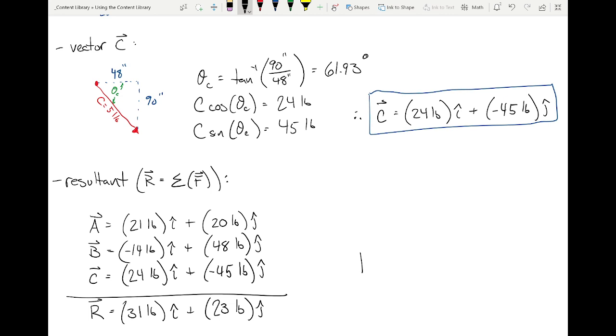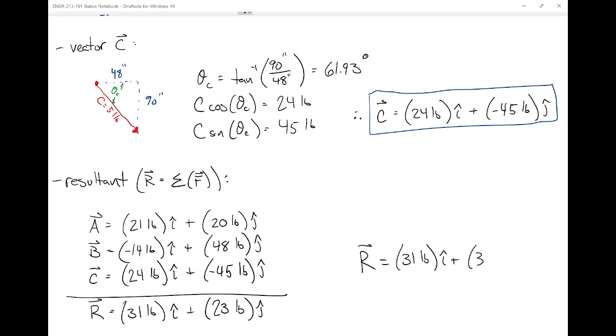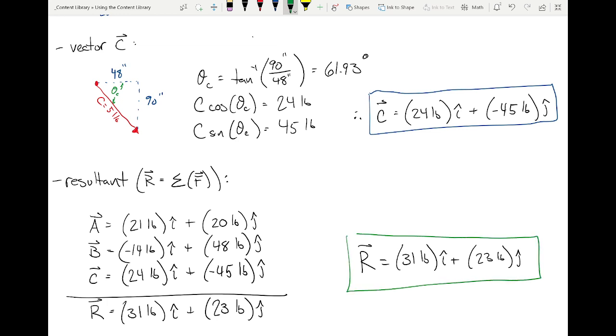So the resultant is 31 pounds I plus 23 pounds J. Boom. That's the answer. There's the resultant. A lot easier than all that trig stuff.